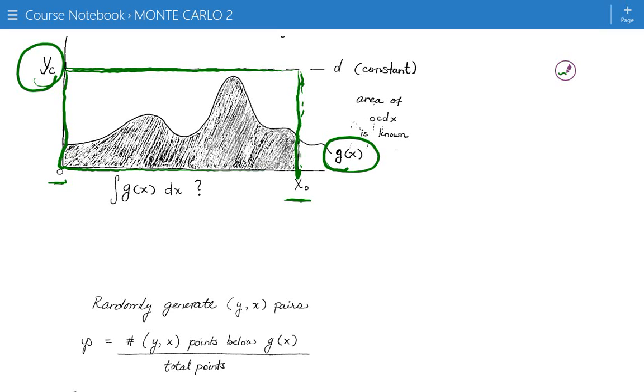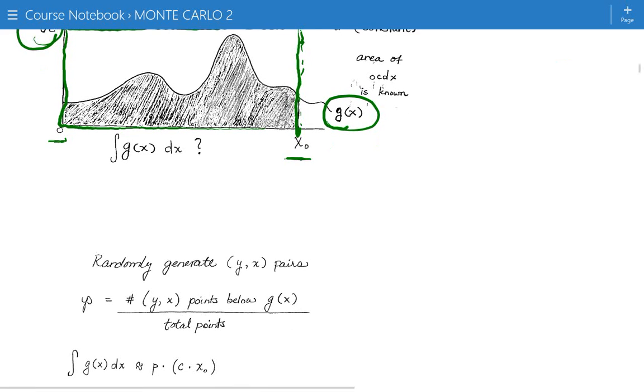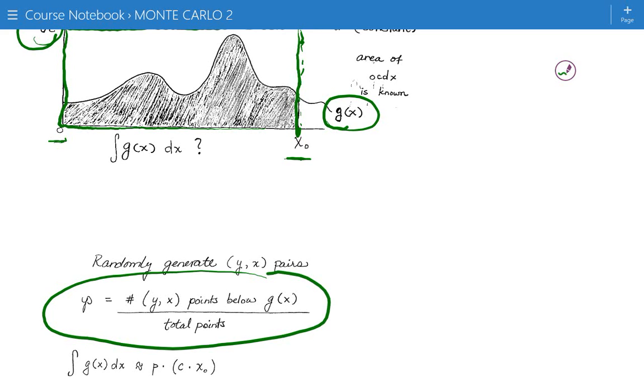Well, I could randomly generate points in this space, which means randomly generate xy points, and I can look at the number of points below g of x, which I'm calculating right here, relative to the total number of points that I generated.